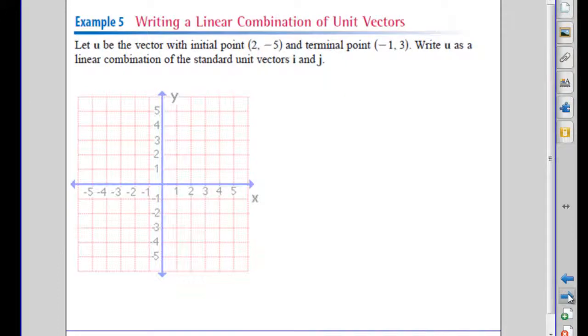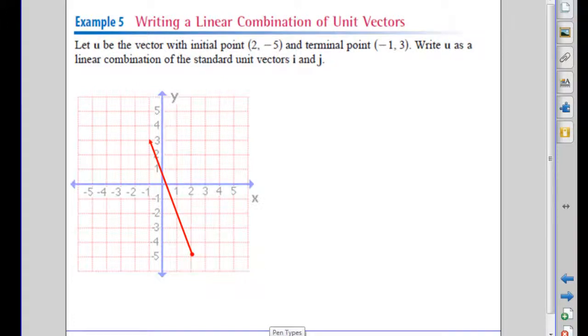So let's take a look at an example here together. Let u be the vector with initial point 2, -5, and terminal point -1, 3. We need to write it as a linear combination of the standard unit vectors i and j. Well, that's not so bad. We've got from 2, -5 all the way to -1, 3. Let's go ahead and get this into component form first.